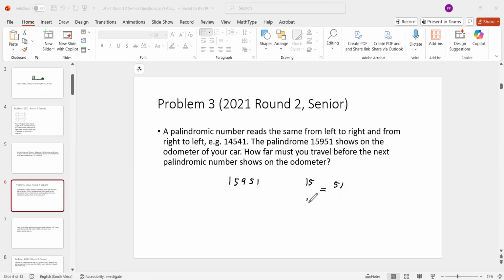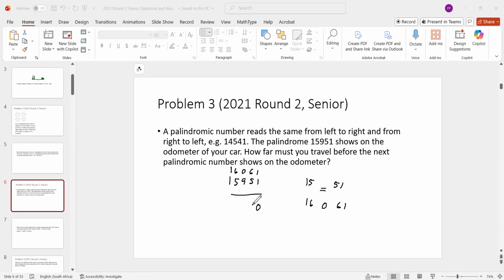So the next one should be starting with 16, and it's a palindrome. The very first one would be 16,061, because they ask what comes next. The one after that is 16,161, 16,262, and so on. This is the earliest. And the question is, how far must you travel to get to that number?